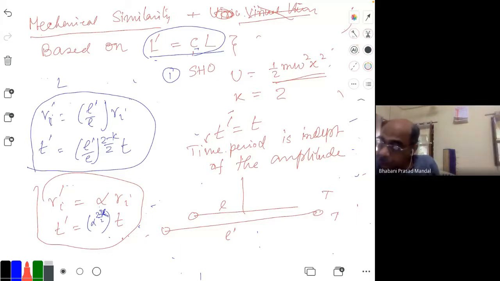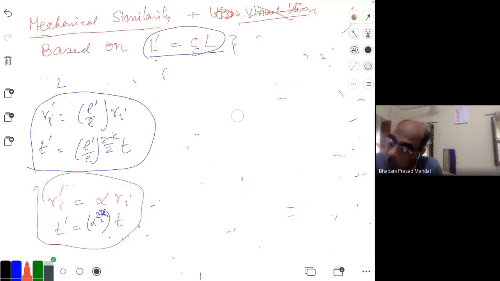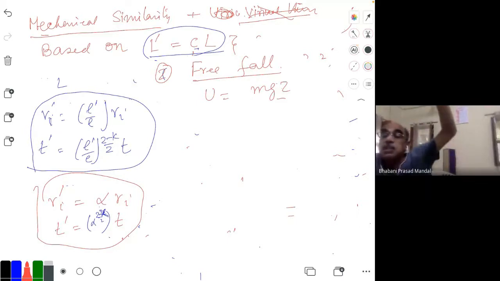Okay, let us consider another example. Example 2, a free fall. The potential energy for free fall will be mgz, right? You just release a body from a height h, and it is allowed to fall freely. At any time its potential is mgz, the gravitational potential energy.